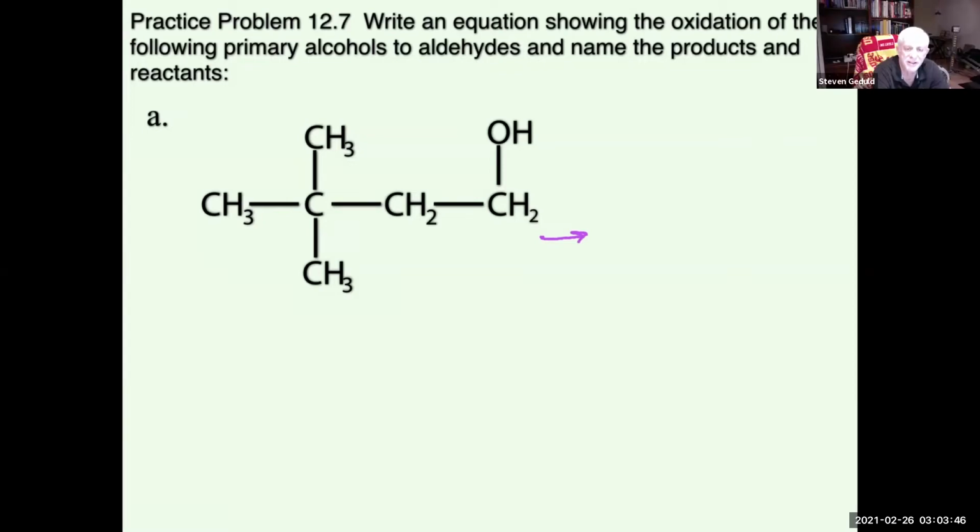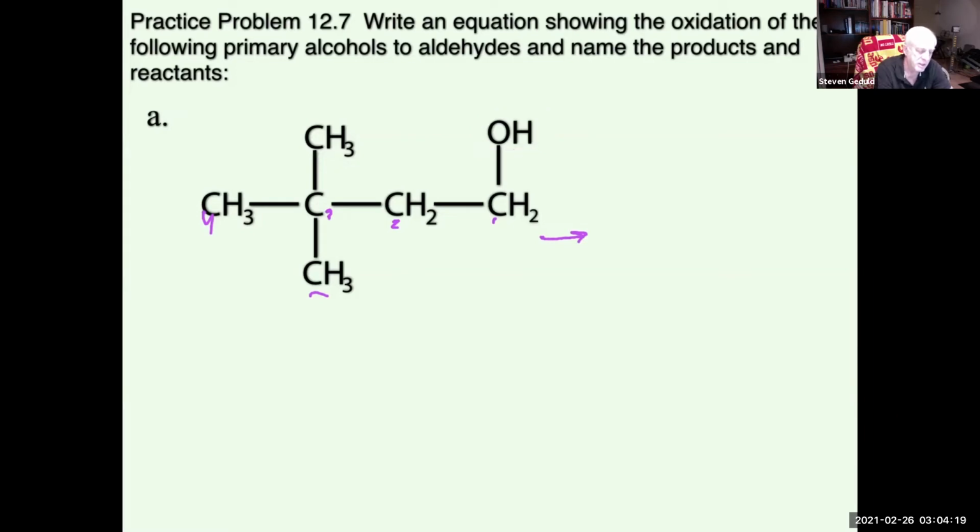Perfect. 3,3-dimethylbutanol. Okay, there are 4 carbons. You have 2 methyl groups attached at the number 3 position, so 3,3-dimethyl, and you have an OH group at the number 1 position. So it's butane, and it's all single bonds, so it's butanol and 3,3-dimethyl.